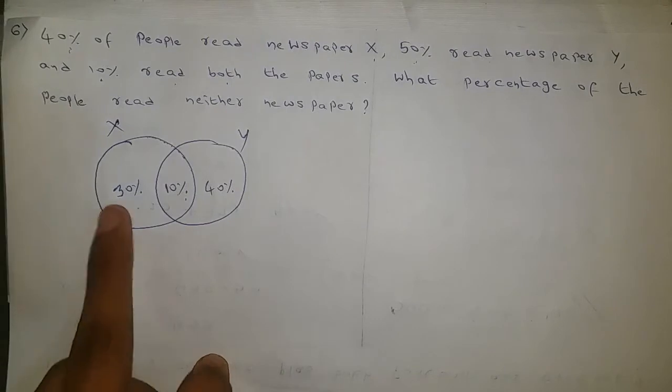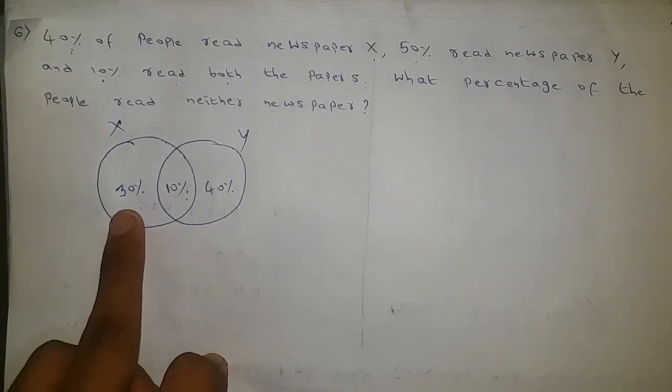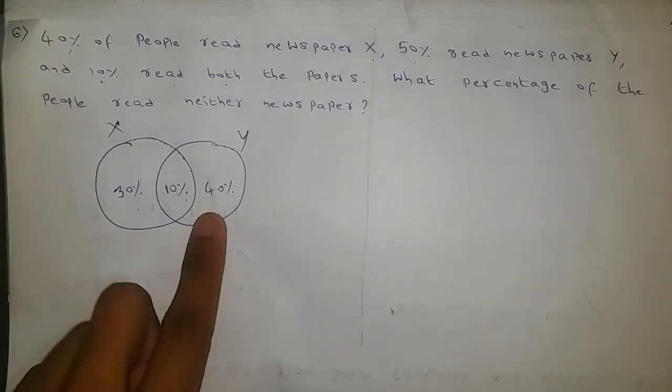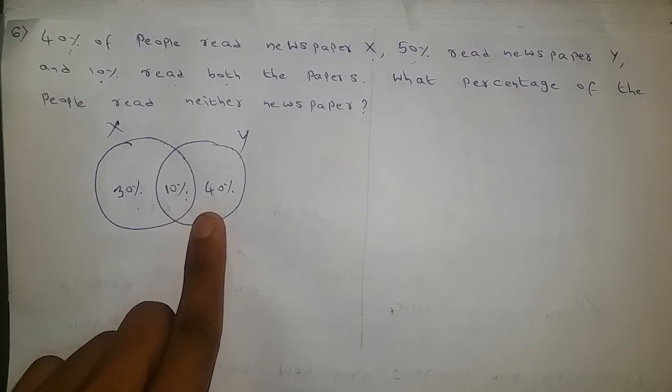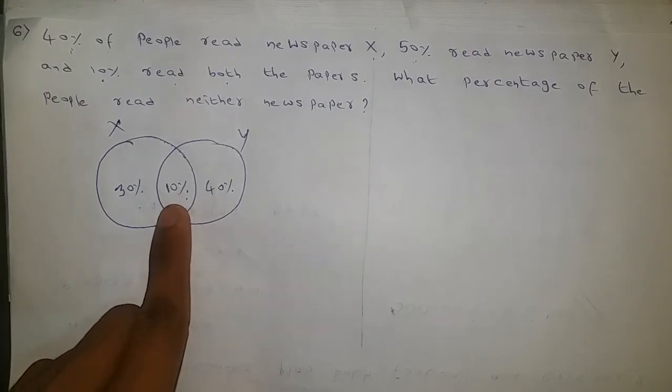It means 30% of people read only X, 40% read only Y, and 10% read both the papers.